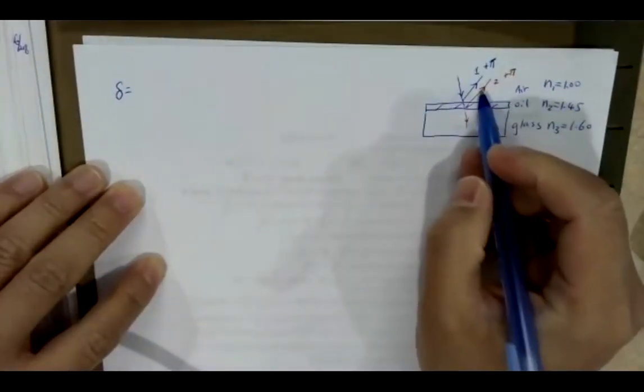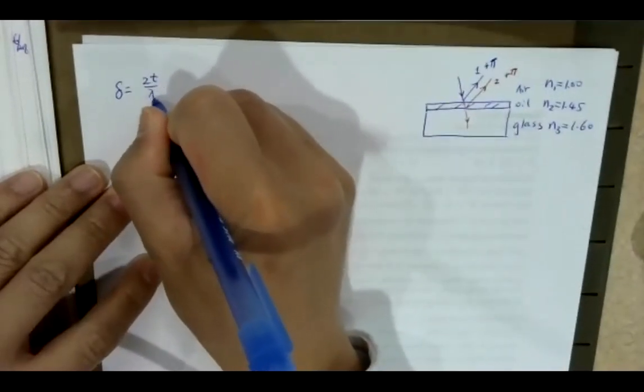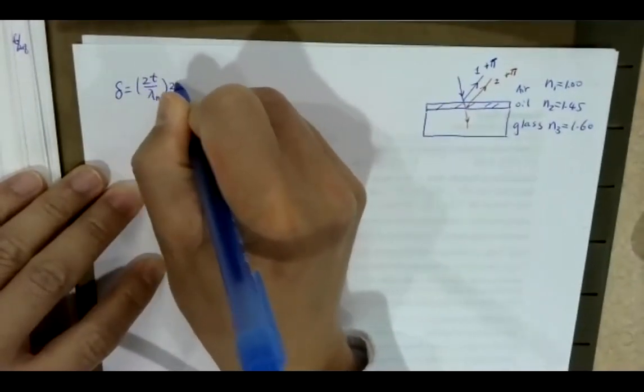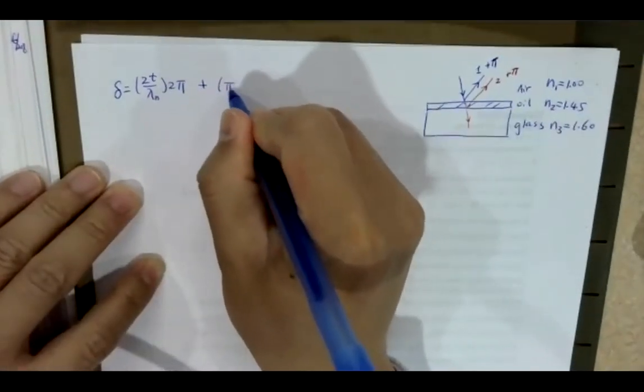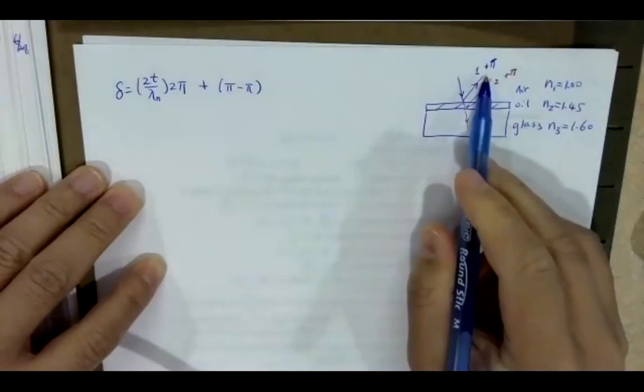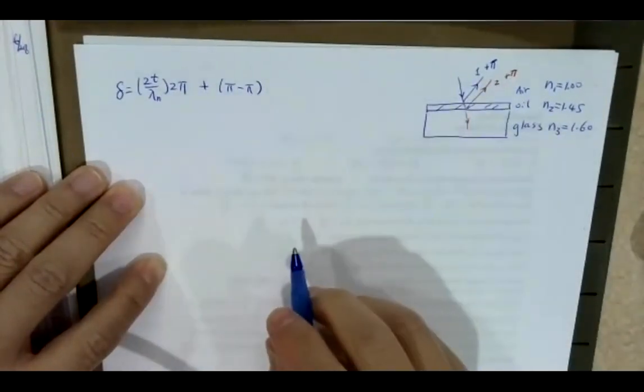Then the overall phase difference delta of ray 1 and ray 2 comes from the path difference, so it will be 2t divided by lambda m times 2 pi, plus pi minus pi, because one has a pi phase change and the other also has a pi phase change, so they cancel out.